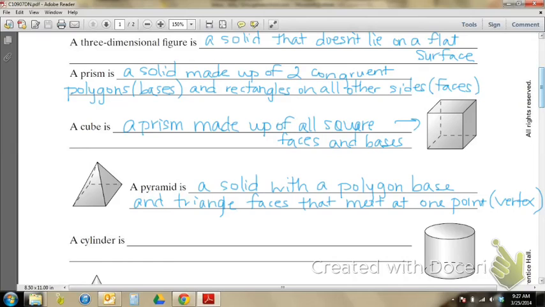A cylinder is a solid with two circles for bases and a rectangle wrapped around.